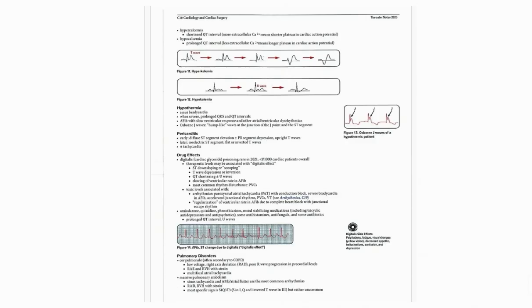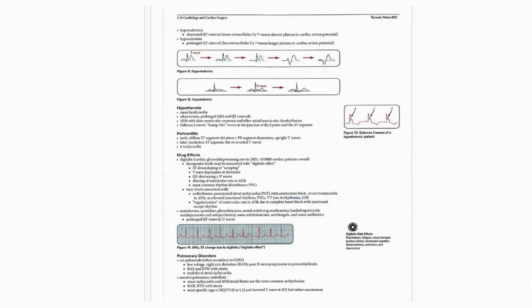Let's move on to pulmonary disorders. The first one is cor pulmonale. Chronic lung disease, especially COPD, can cause cor pulmonale, leading to right heart strain.